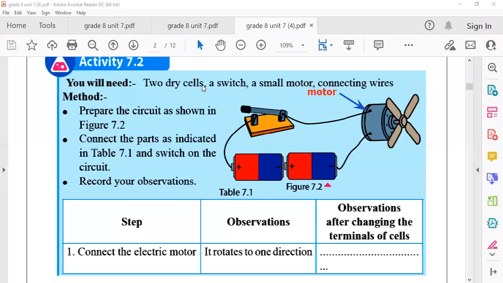So when you connect the wires to the motor, it is going to spin, rotate. Right? Label the motor. Okay, sir. Done.